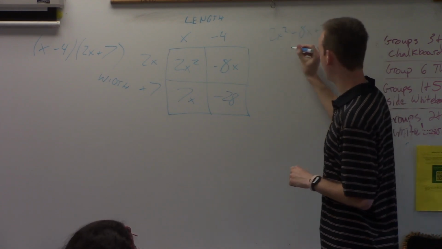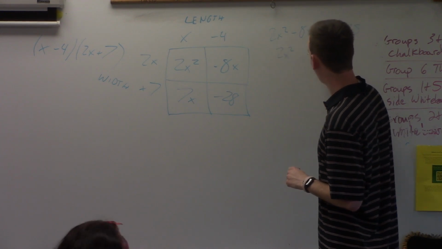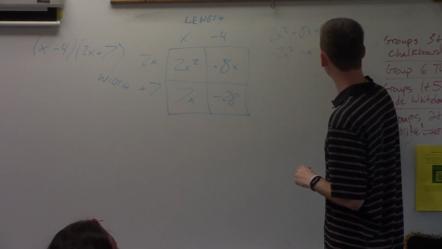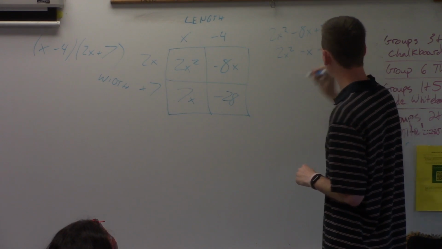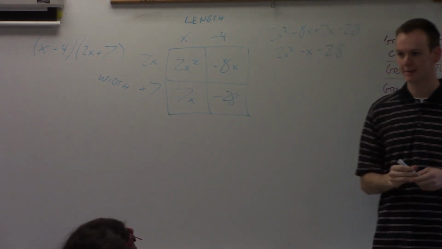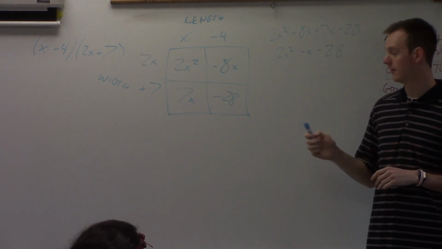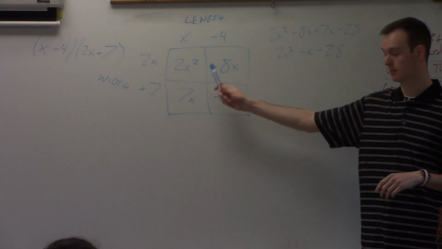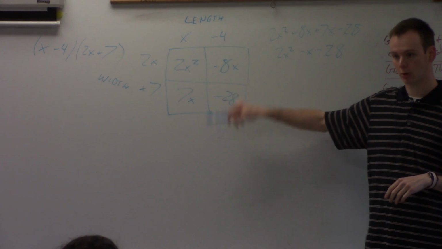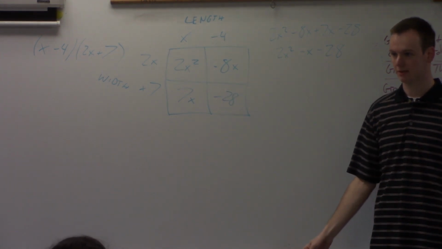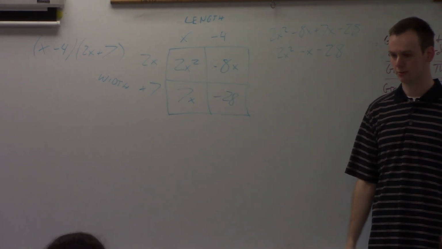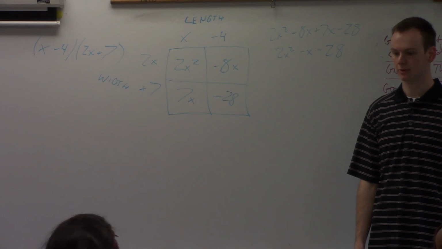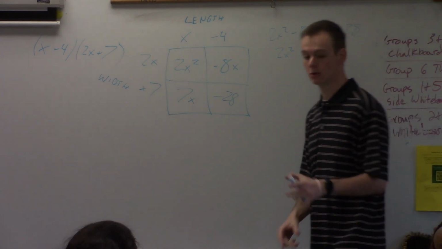And then we simplify that by adding those two like terms together. It's the same thing that we got before, but as we get to higher degree polynomials that we're multiplying together, we can just expand this rectangle, add more rows, add more columns, and it's going to be easier to multiply those together.